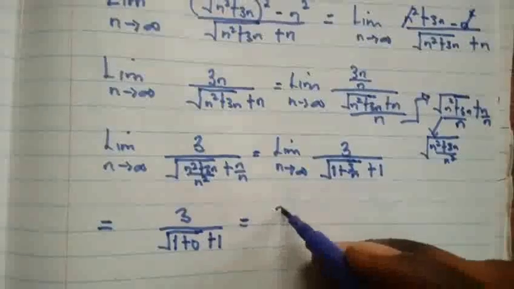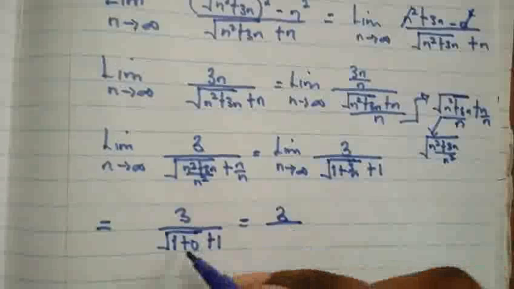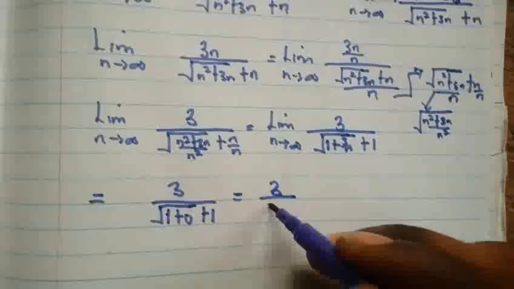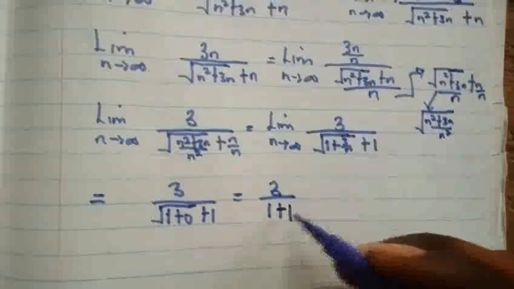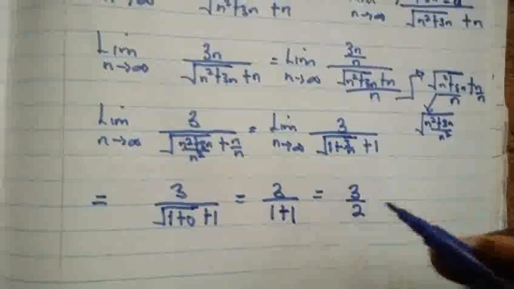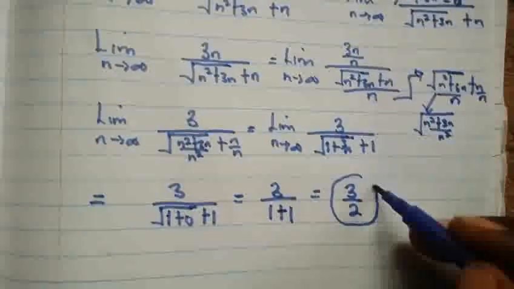And from here, simplifying this, we have 3 all over, 1 plus 0 here is 1, so we have square root of 1 is 1, then plus 1, and this is equal to what? 3 all over 2. And this is the right answer to the problem.